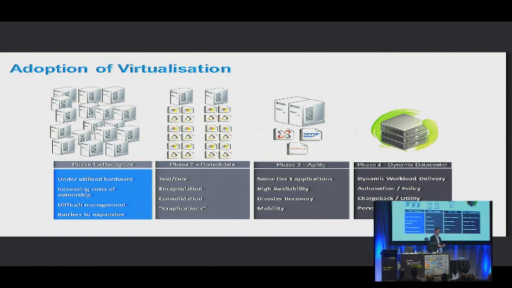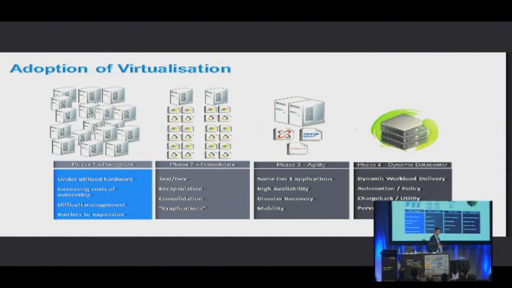A lot of organizations are now in what I'd call phase two, which is consolidation. When I talk about consolidation, I'm talking about taking a lot of tier 2 applications, lovingly referred to as crap applications, and consolidating them onto a virtual environment and taking advantage of that. I think there's still a lot of organizations in that consolidation phase of their virtualization path.